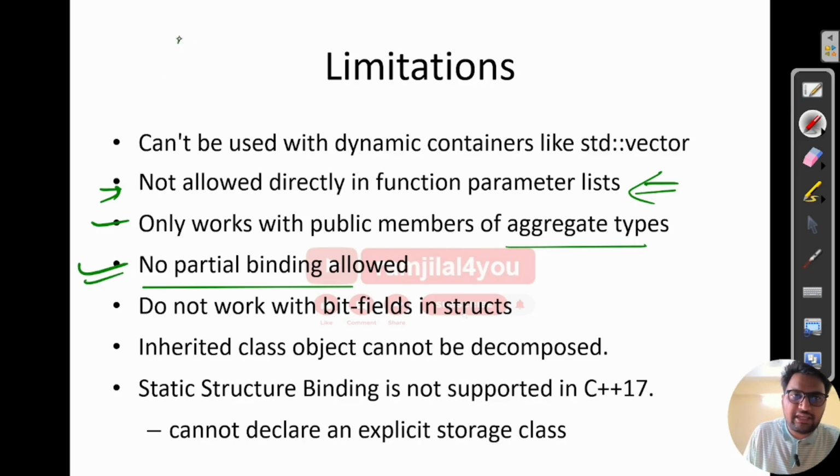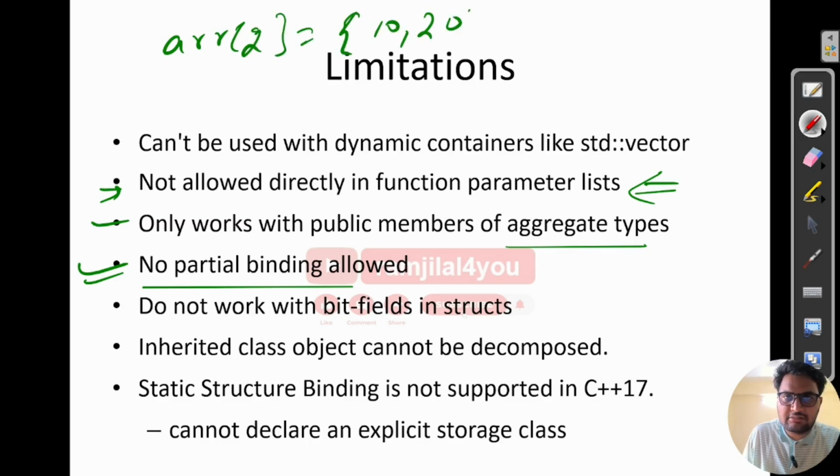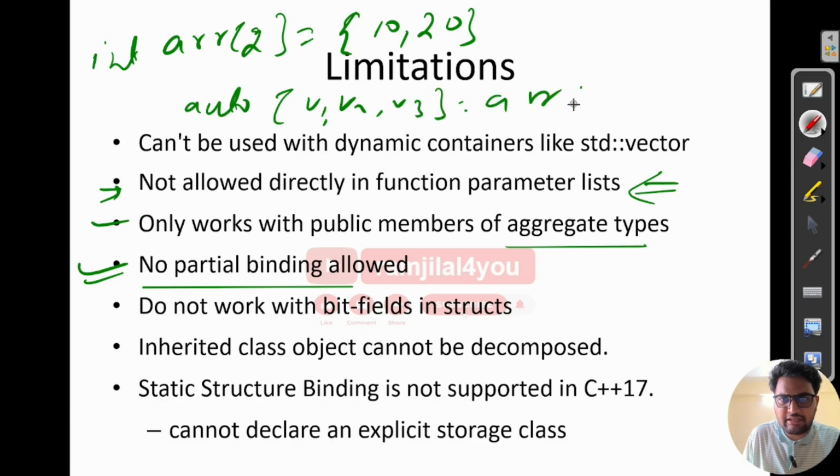For example, we have seen an array of 2 integers, 10 and 20, and we used the auto keyword with v1, v2, and v3 for example, and arr; or auto v1 and arr.